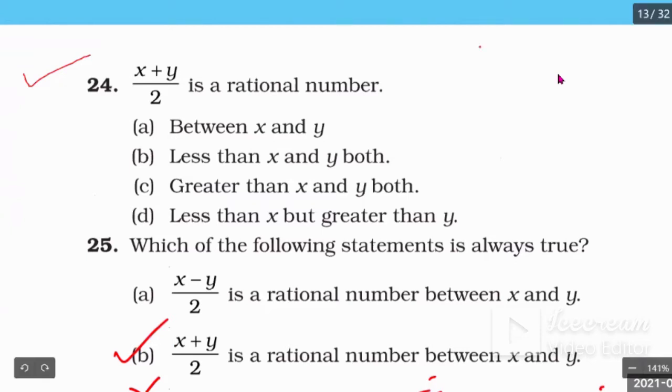What is the method to find in between? Whatever you find in between two numbers, you can add both and divide by 2. Same, you find the median. If you remember, you have found the median of numbers. If you get two numbers in the between, you add these two and divide by 2.